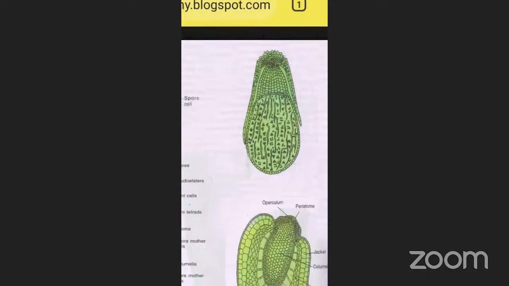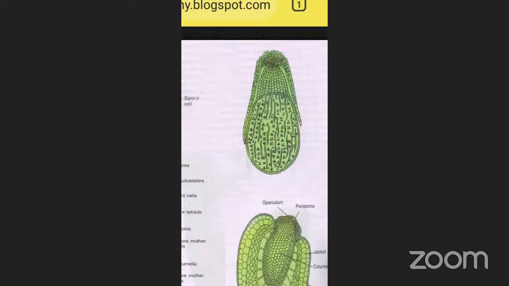Coming to Pellia, the hypobasal cells do not take part in the development of the sporophyte. Only the epibasal cells divide and differentiate into amphithecium and endothecium. The amphithecium forms the capsule wall and the endothecium acts as the archesporium. The upper part of the epibasal cell forms the capsule and the lower part forms sterile elaters.